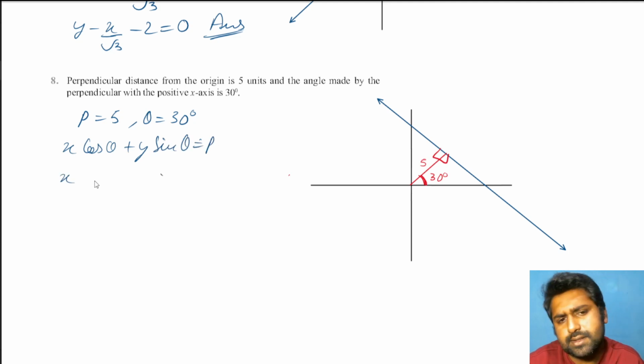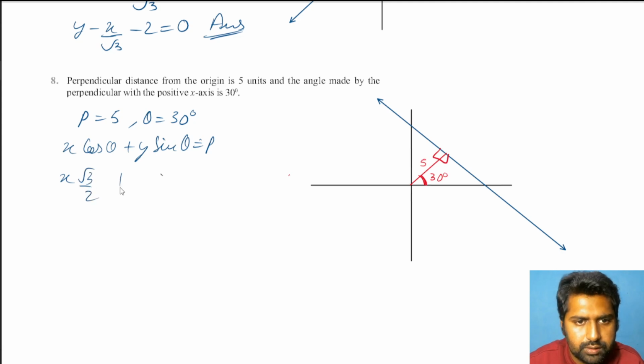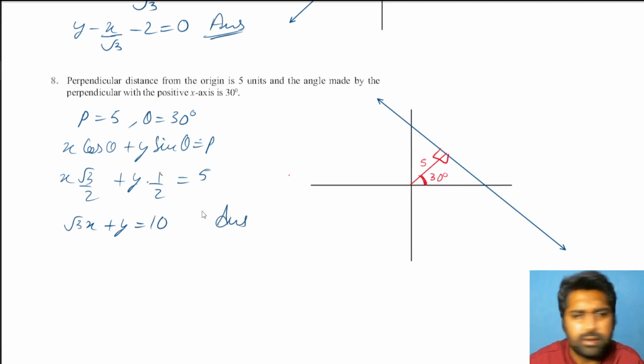Cos 30 is root 3 by 2, plus y sin 30 is 1 by 2, is equal to p, which is 5. Take the LCM. So root 3x plus y is equal to 10. That's your answer. Again, very specific to the question. Don't worry too much about this. It's just a format.